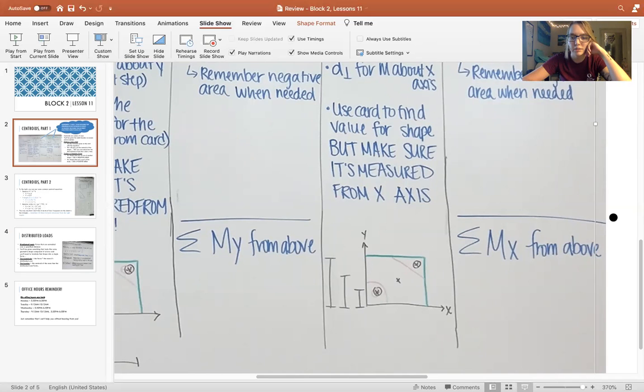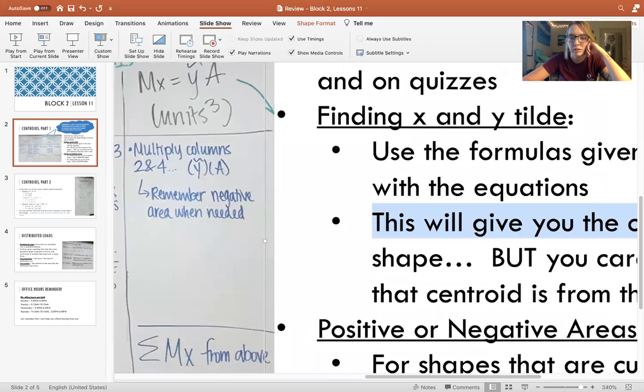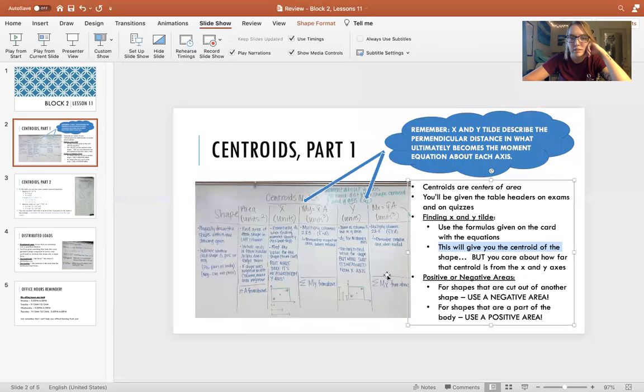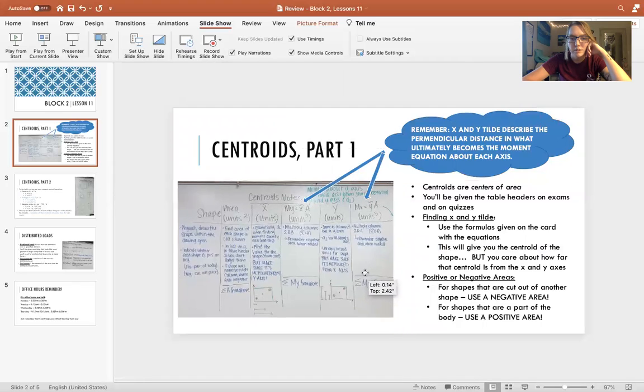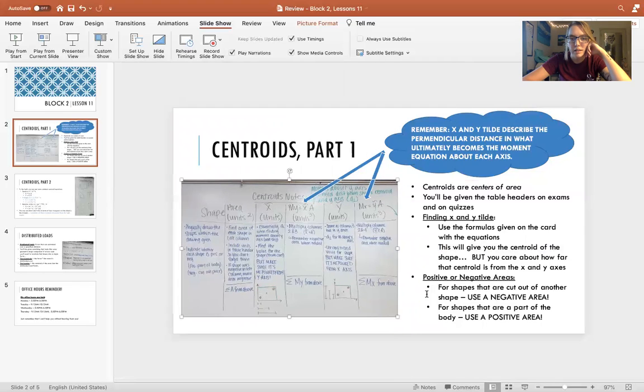So I hope that clears up a little bit what the tildes mean and how that gets used.